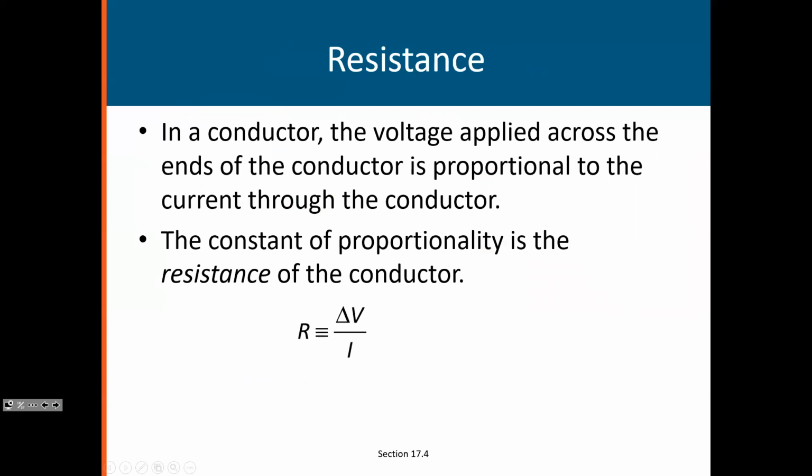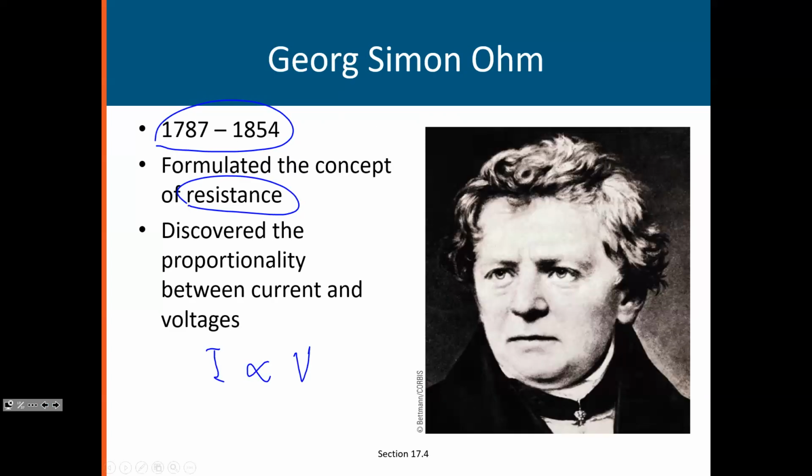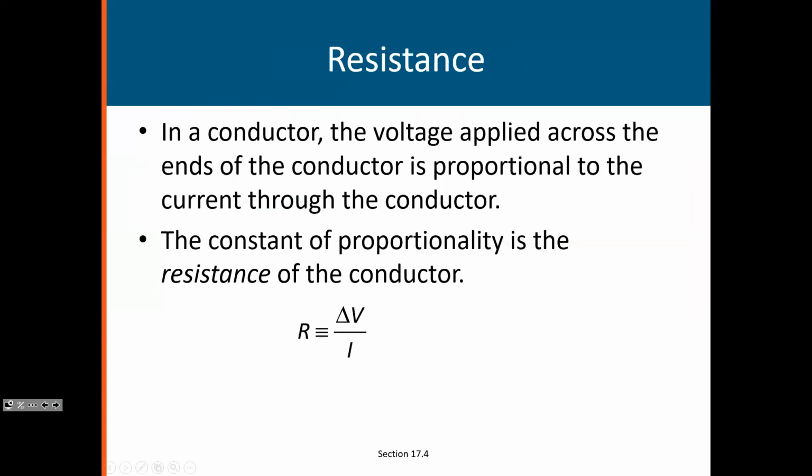He expressed that the voltage is proportional to the current. The proportionality constant we call R. So that is the resistance. Now, why that name resistance? I can explain it easily.